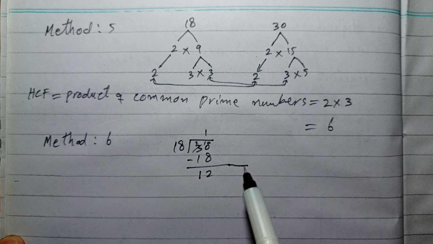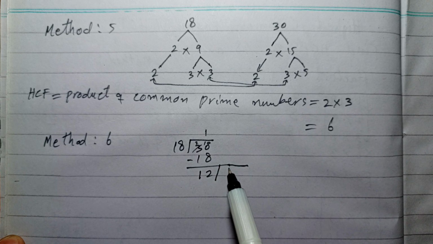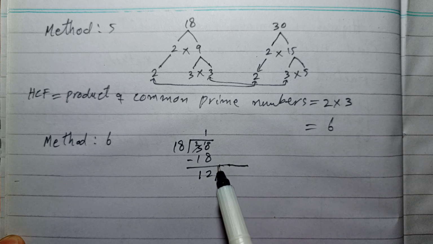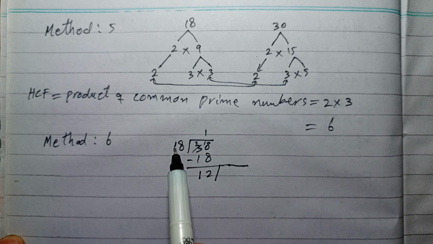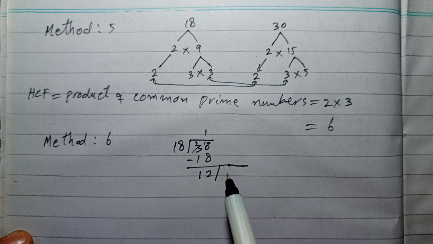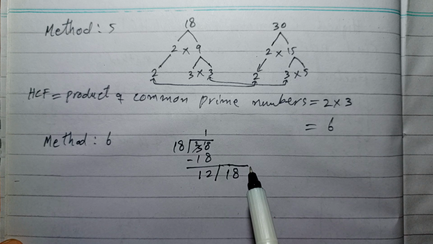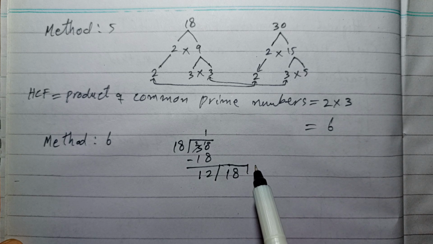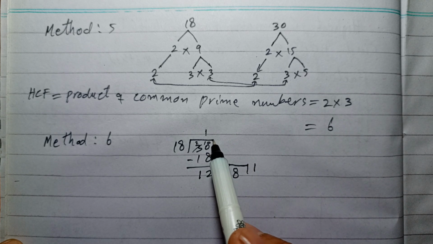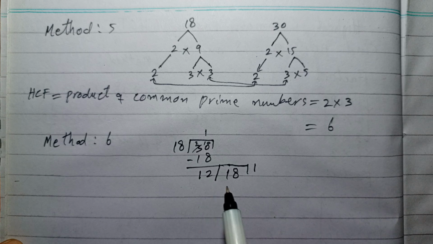Now you will proceed this line further, and you will make a step like this. Now because 12 is smaller than 18, you will take 18 here, and now you will divide it by 12. 12 ones are 12. You can write here 1, just like this, and 12 ones are 12.